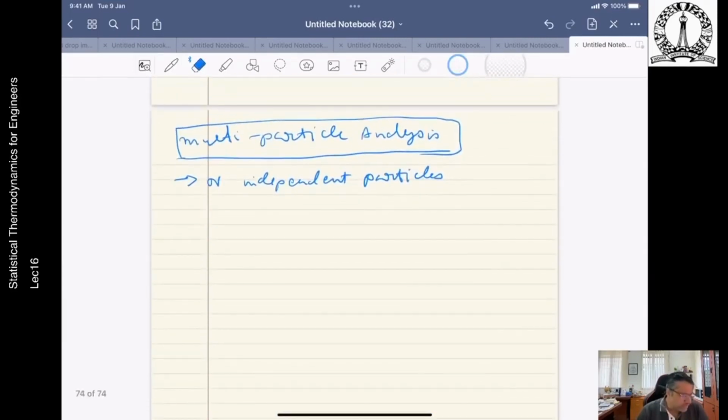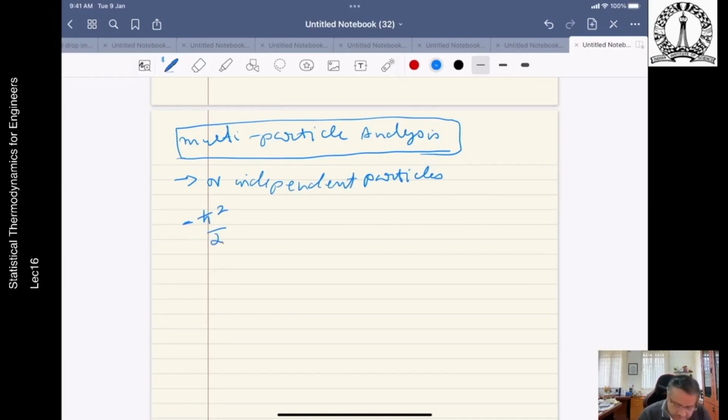So for multi-particle, because these particles are independent in nature, the multi-particle analysis will be minus h bar squared by 2, summation i equal to 1 to n, 1 over m_i, del i squared, is equal to H bar.